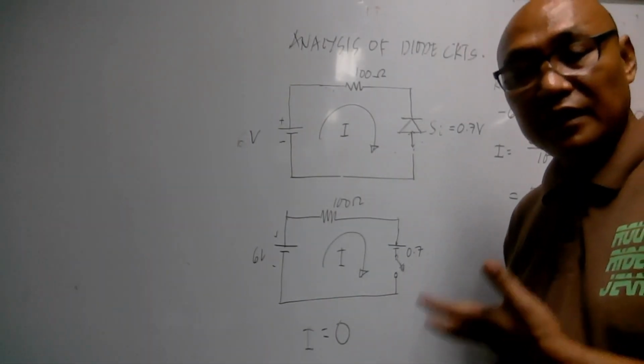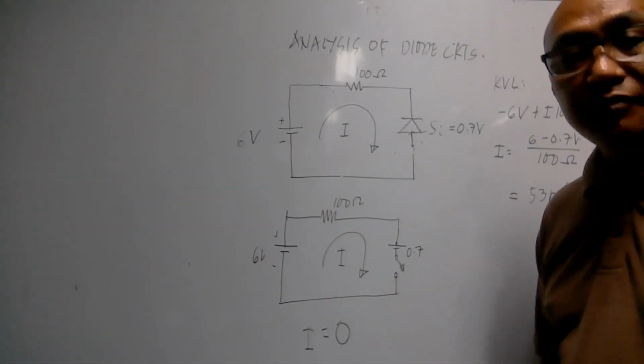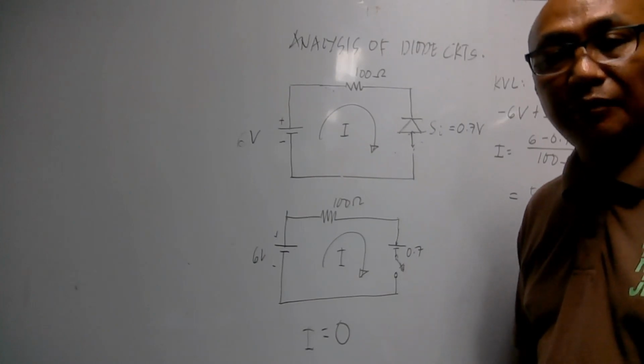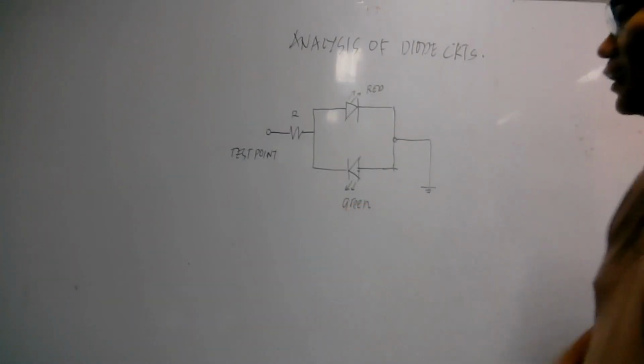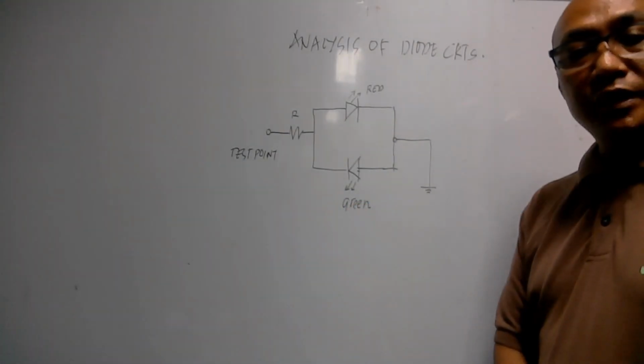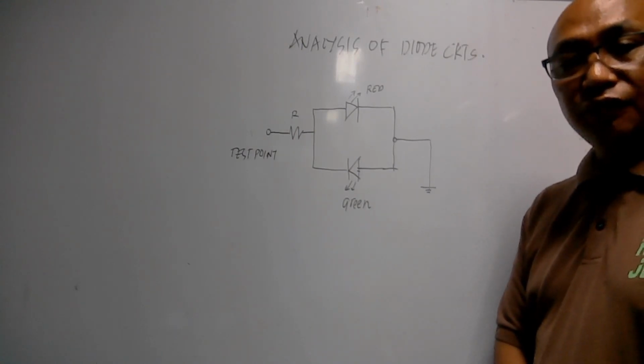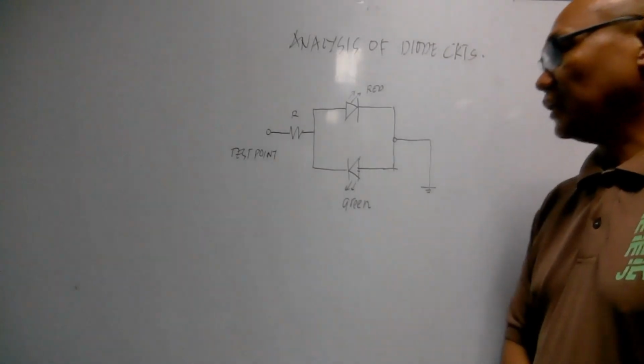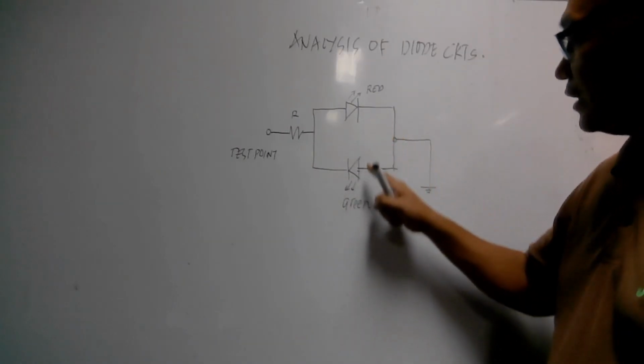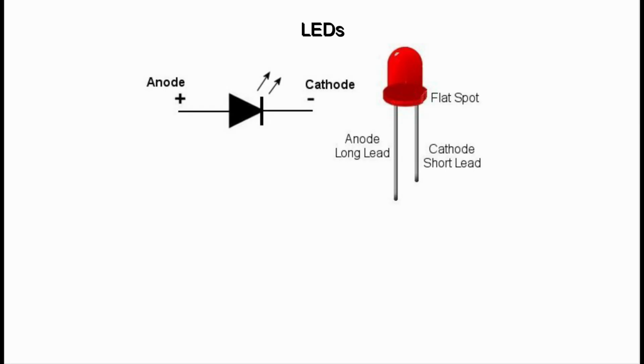How important is this analysis? Let me give you another example. Let's try to consider this circuit. This circuit is what we usually see in test instruments to determine the polarity of a certain point in a circuit. It uses light-emitting diodes.